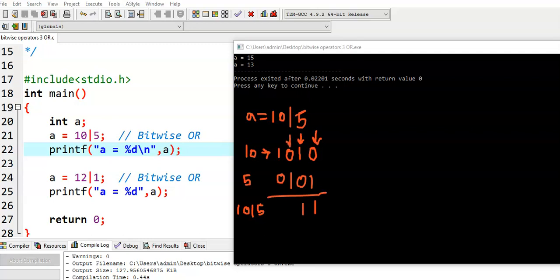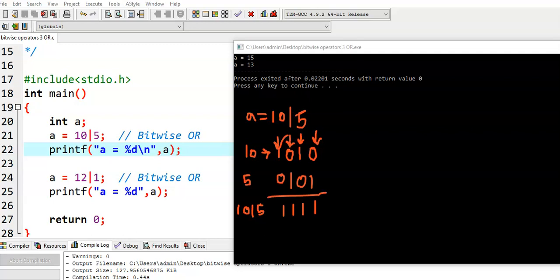In the third case also, 0 bitwise OR 1, one of the values is 1, we get output 1. In the last case also, one input is 1 and the other input is 0, so the OR operator gives output 1. This is the binary value we get, but the system displays the decimal value.